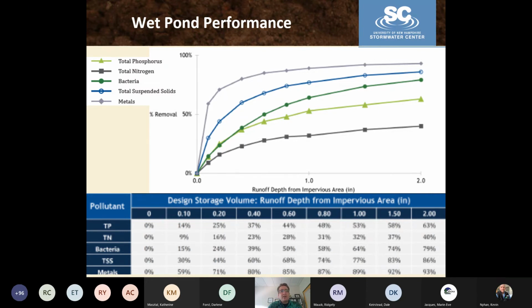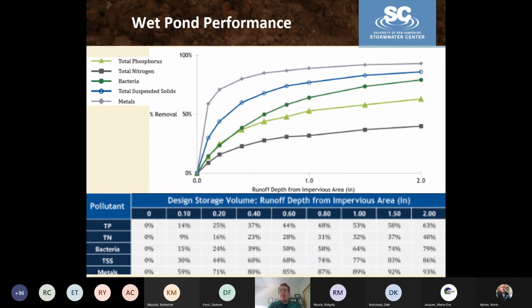And what's generated is this performance curve that shows essentially a physical storage capacity, which in some instances is much like a design water quality volume. Physical storage capacity is the storage capacity in the system for water as it relates to the drainage area.